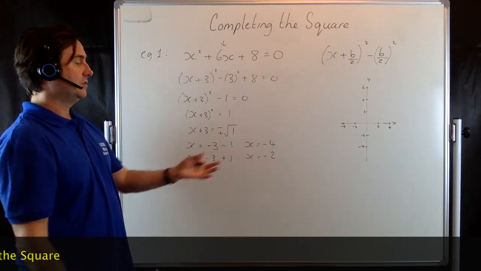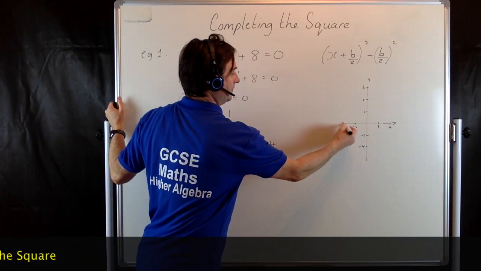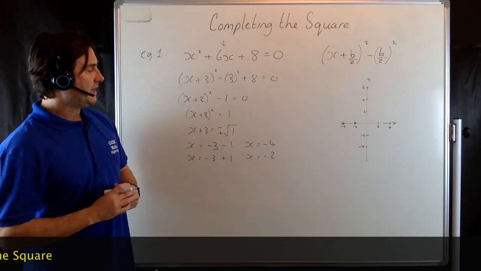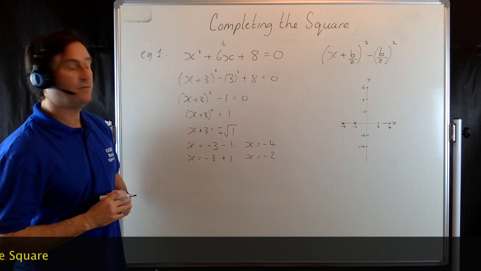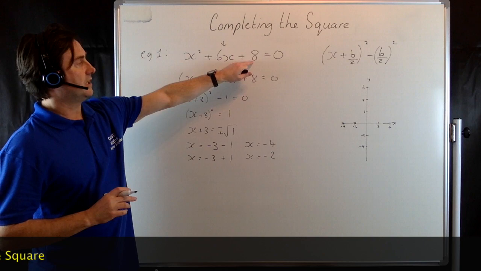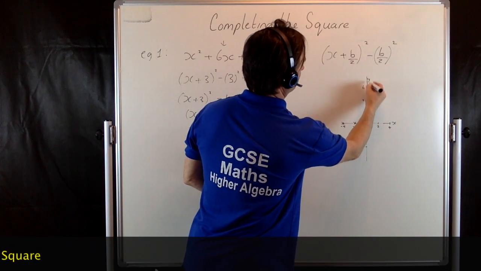So I've now got two of my x coordinates for my graph here. So negative 4, negative 2, I can put those on. What I now want to do is sketch that graph, but also find the vertex of it. I do know that it cuts at 8, so I could just extend this a little bit up to 8 here.